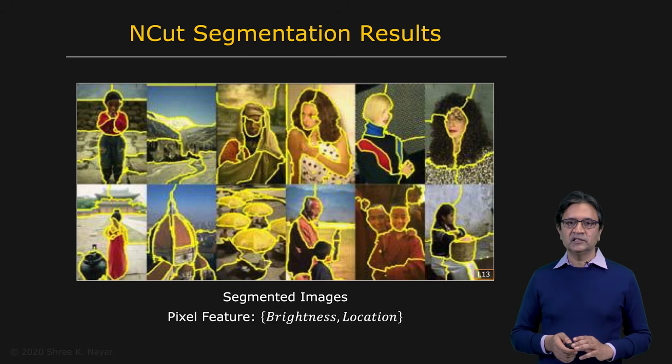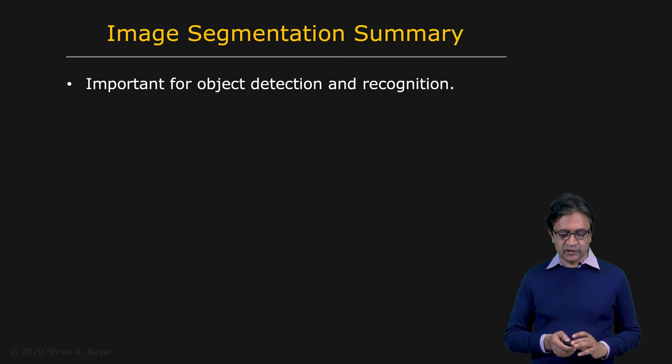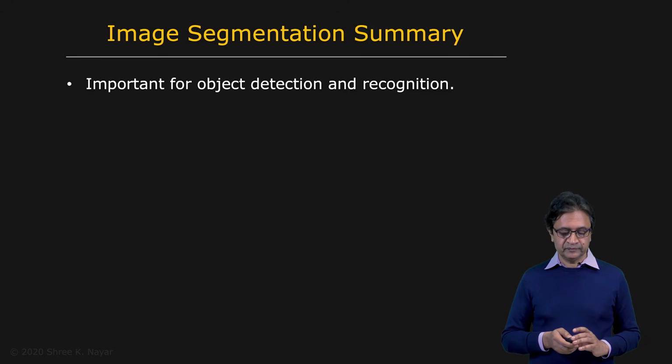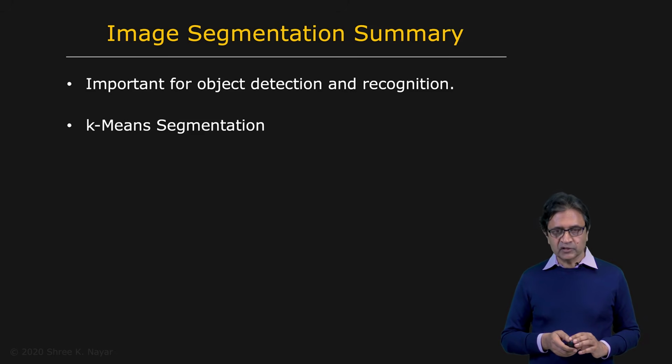So with that, let's summarize what we have covered in terms of image segmentation. First, segmentation is naturally a very important problem in computer vision. It's used as a precursor for object detection, object recognition, classification as well. The first method we looked at, the simplest of them all, is k-means segmentation.